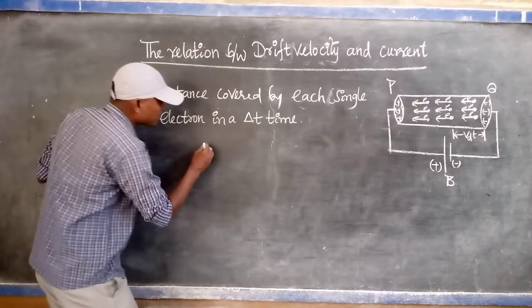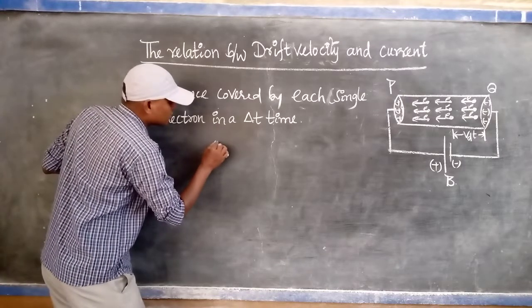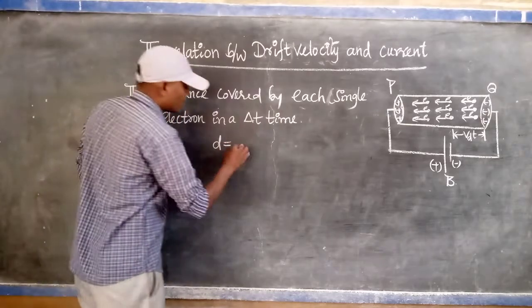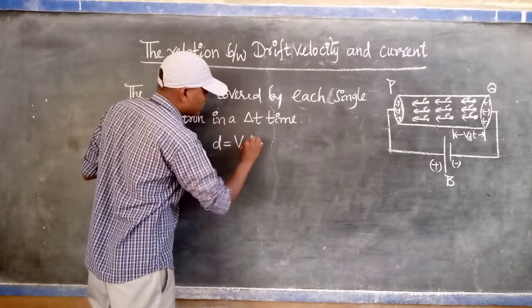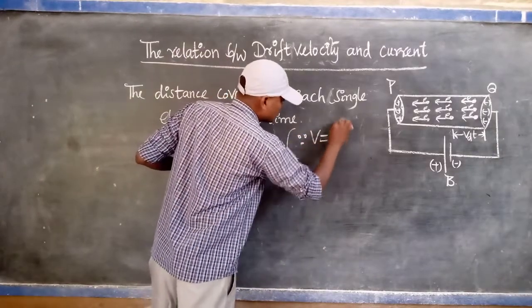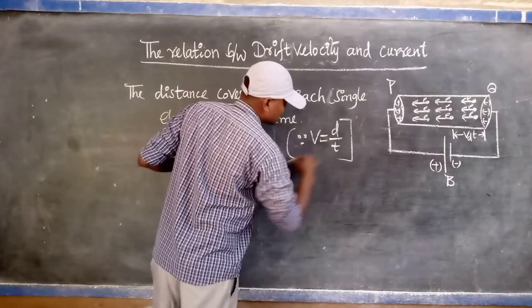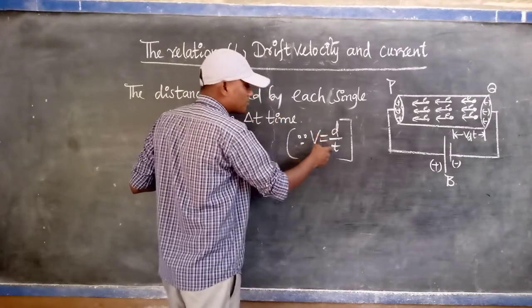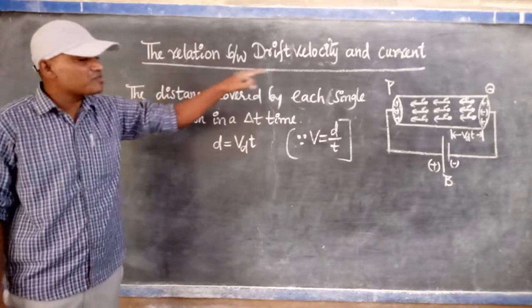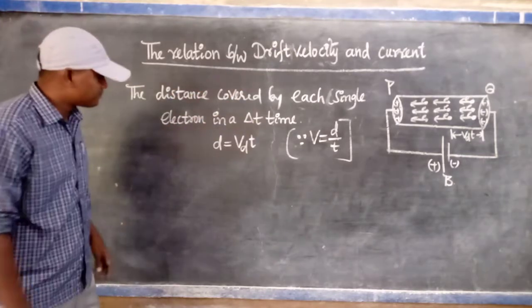Now in this one we write that d is equal to V_d into t. Why? Because we know that v is equal to d by t. It is very clear. Velocity is equal to displacement by time, or distance covered by a body in a particular direction only in the unit time.